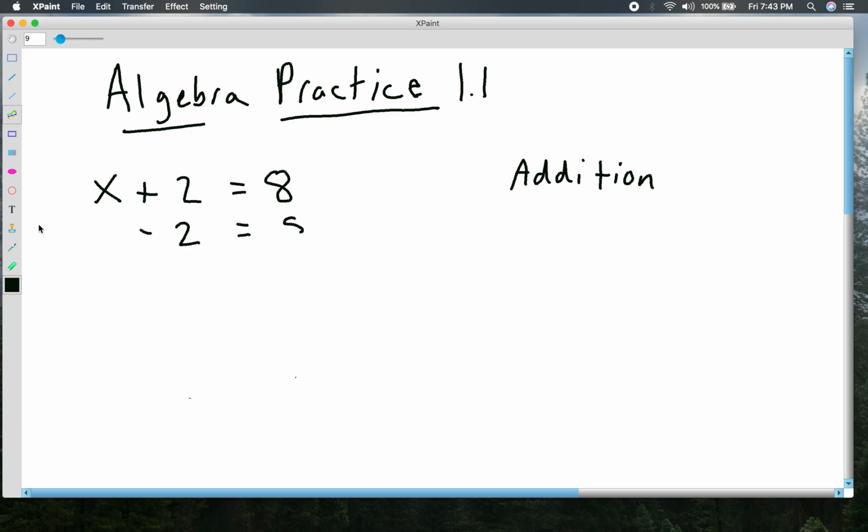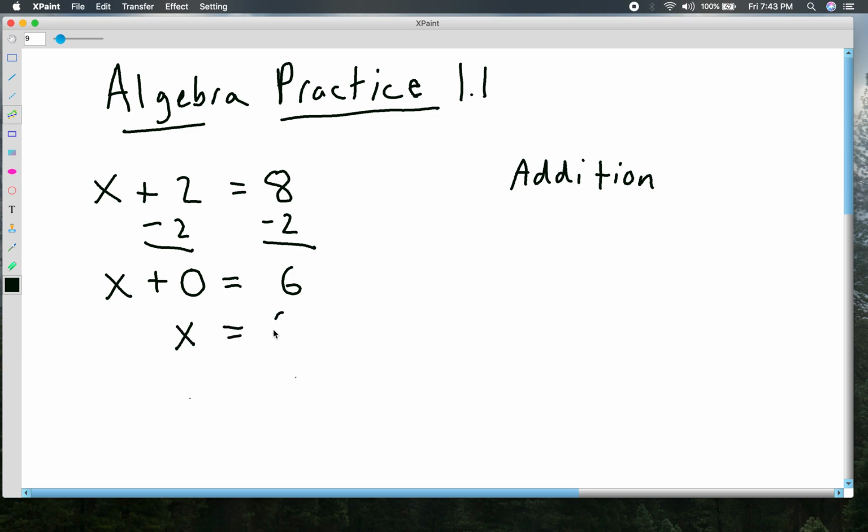Maybe more clear here. Subtract 2 from this side. Subtract 2 from this side. X plus 0 equals 6. We know that adding 0 to a number doesn't change it.